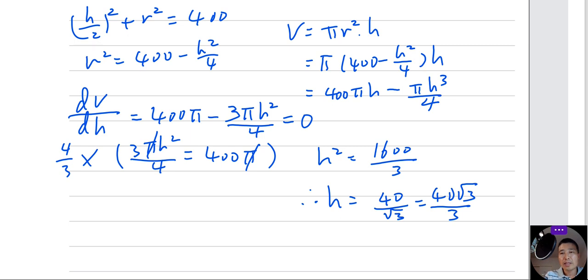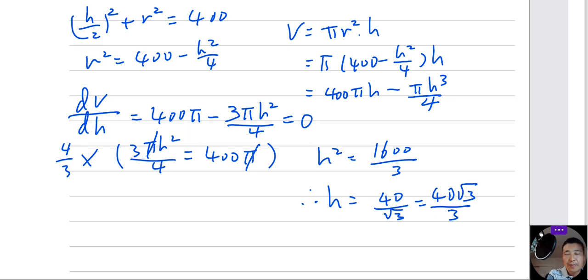Knowing that h is this, then we know what r squared is. So we plug them into this so that we can find V. When h is 40 square root of 3 over 3, we have a maximum volume of the cylinder.